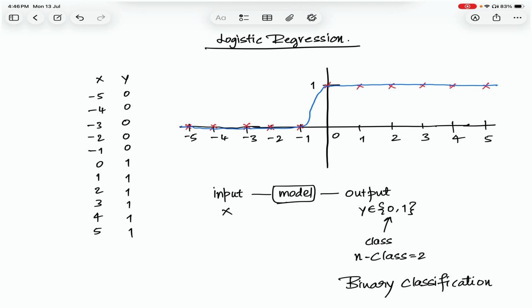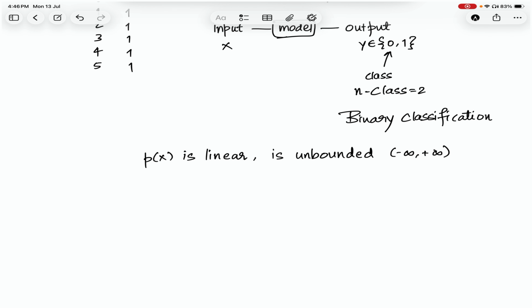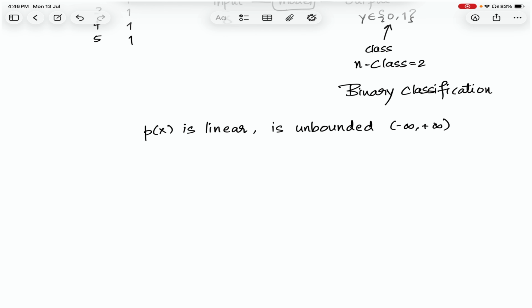Okay, so we'll start by assuming that p of x, the probability function, is linear, but p of x is unbounded. It goes from -infinity all the way to +infinity, and to bring this under the bounds, which is either 0 or 1, we apply the log function.